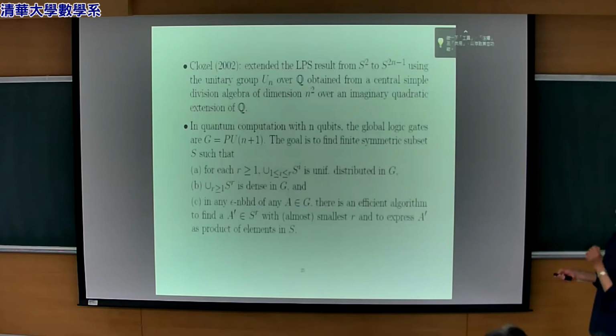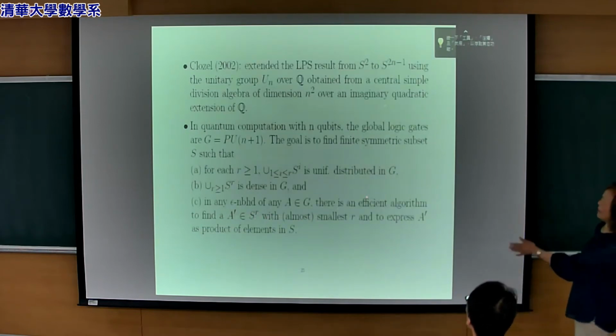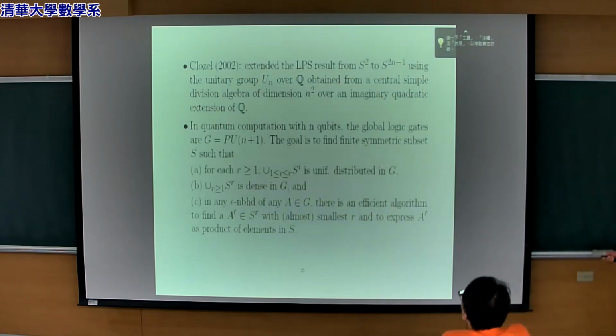So there should be an efficient algorithm to find a point in some power of S within the epsilon neighborhood of A, hopefully with the smallest R, and a good way to express this element as a product of R elements in S. What we have in mind is that quantum computers are very unstable, so each time we are doing the computation, we should be constantly correcting the mistakes.